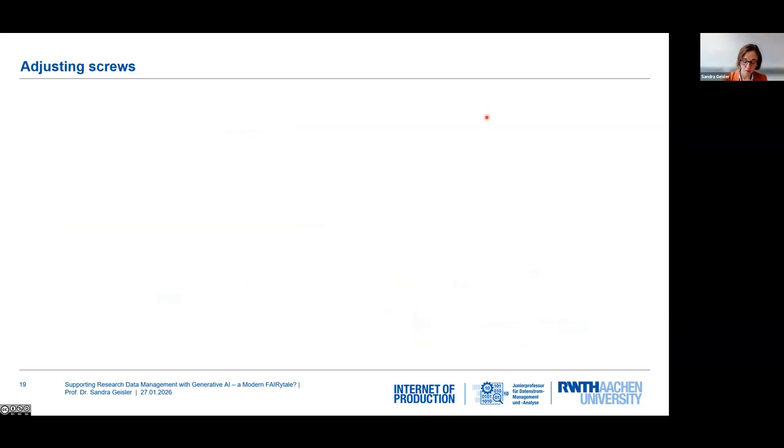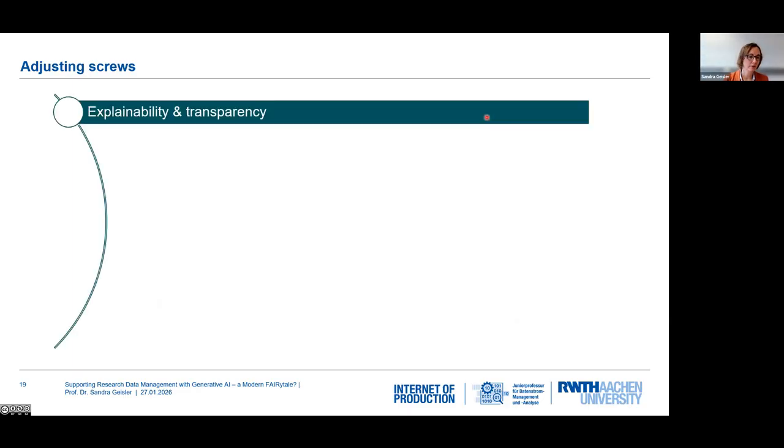So what are adjusting screws, we can say, to improve the concepts that we have? One thing, very important in medicine, but also in other domains, is explainability and transparency. We need to see how we can explain how certain results presented by an LLM, an AI application, can be backed up with sources that we have. And also, how has the decision been made?